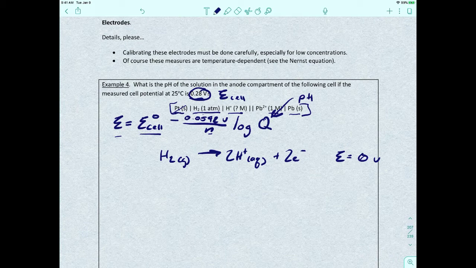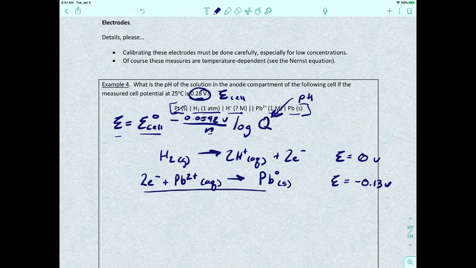The other side is that you got Pb2+ forming lead solid. Okay, and then that's going to take up 2 electrons. So the electrons are going to be on the left hand side, and the voltage for that reaction is going to be negative 0.13 volts.